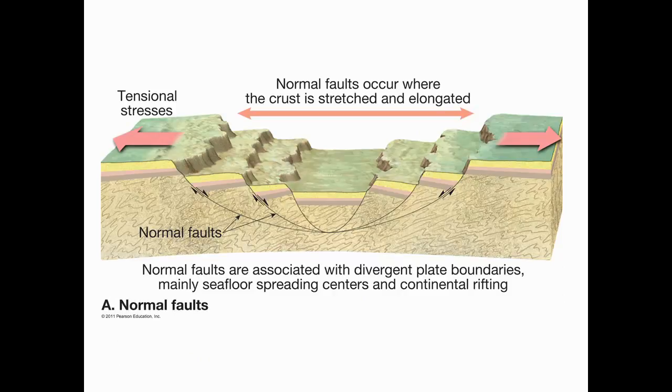Now we saw before that normal faults are associated with tensional stresses. They occur as a result of brittle response to crust that's stretched and elongated. And as we would expect, these normal faults are associated with divergent plate boundaries, mainly seafloor spreading ridges and continental rifts.